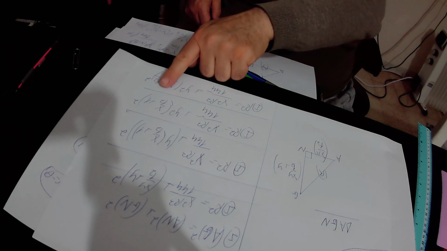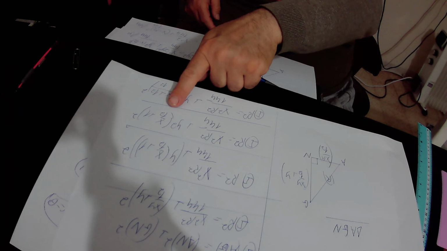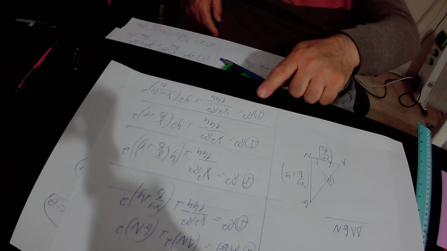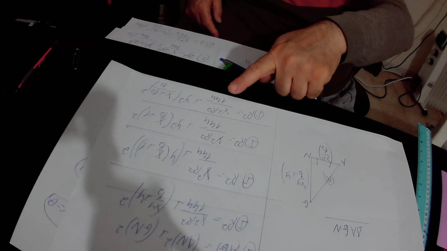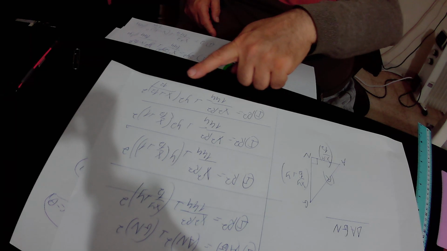Here we multiplied 1 by 12 and then we divided by 12 in order to have a common factor with x over 12, and we found out that r squared equals to x squared times r squared over 144 plus y squared.